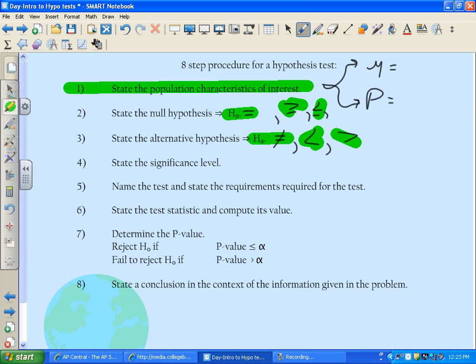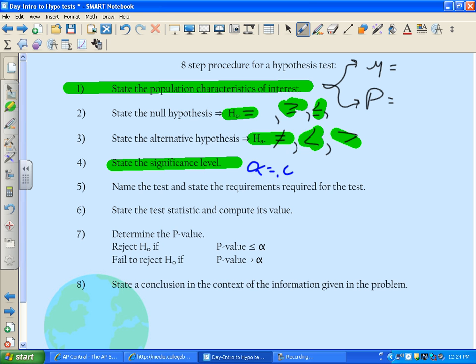State the significance level, that's step 4. Talk about that real quick. Your significance level we write it as the letter A. We'll call it the alpha level. And look at this relationship.